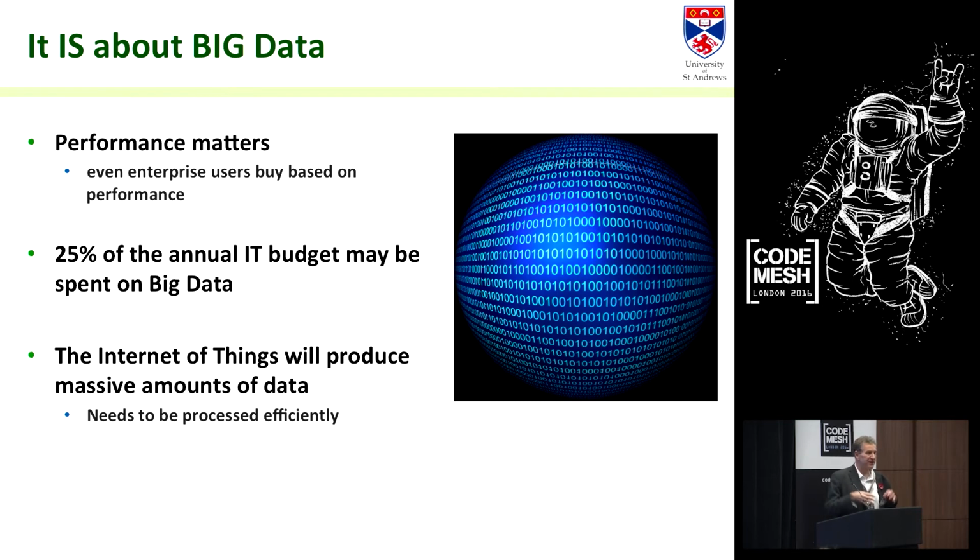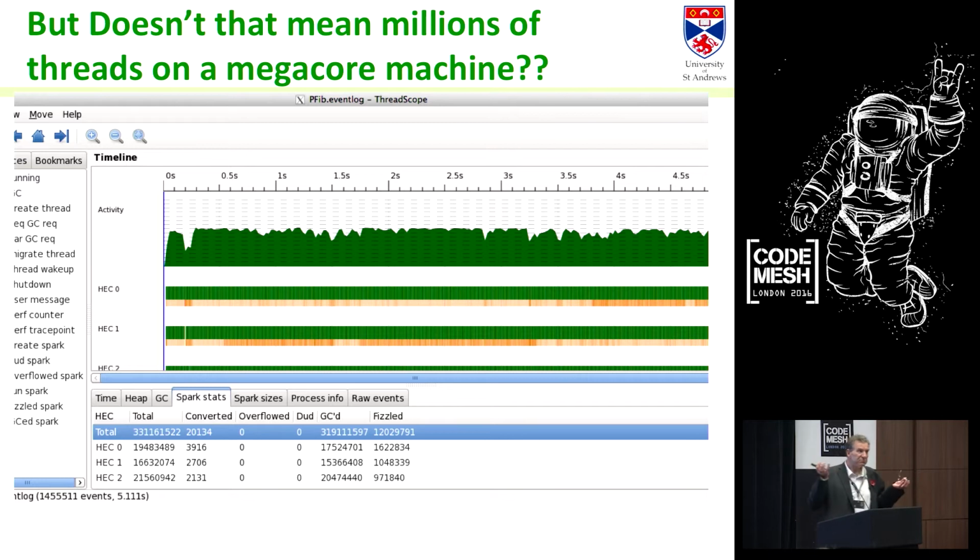You have to have some really serious processing power underpinning that. So this is going to push us towards more powerful computing devices. But doesn't that mean that you're going to have millions of threads running on a megacore machine? Well, yeah, of course you are.